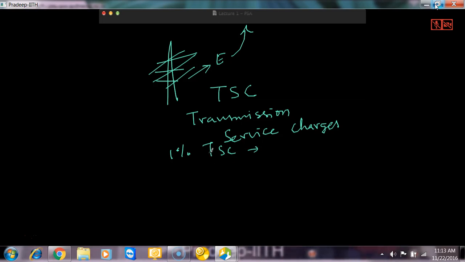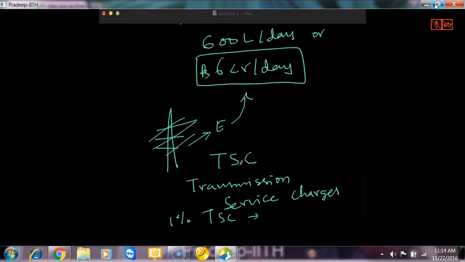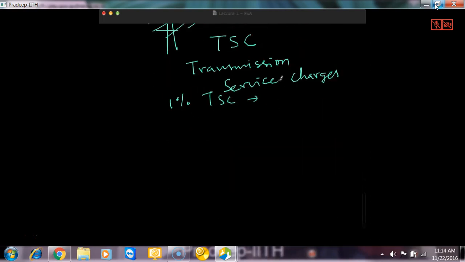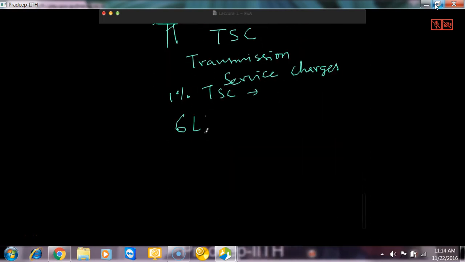So if you take 1% transmission service charge, remember they are transmitting 6 crores per day, so 1% of that you will get is 6 lakhs per day. Whoever is building and running the transmission line will be getting this 6 lakhs per day, not just one tower, the transmission line itself.